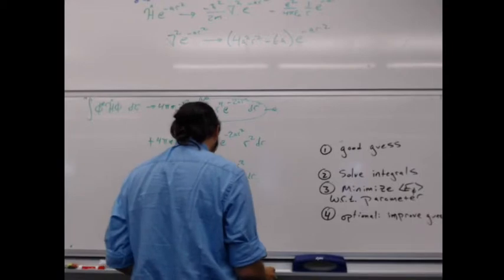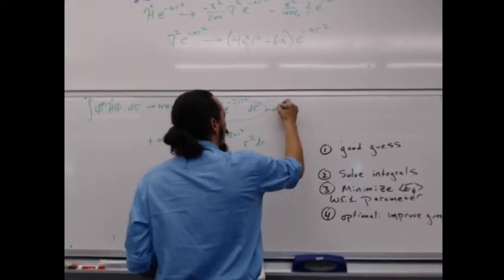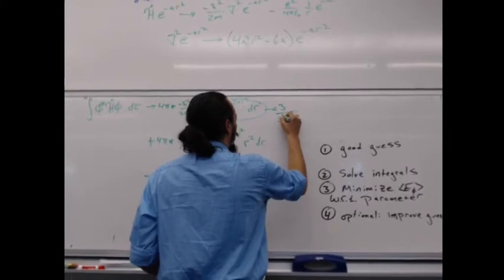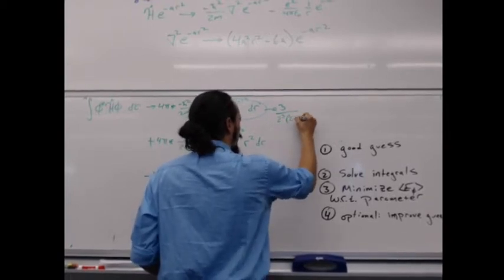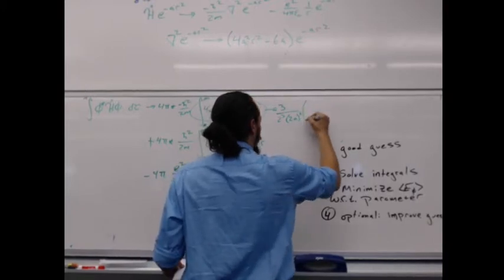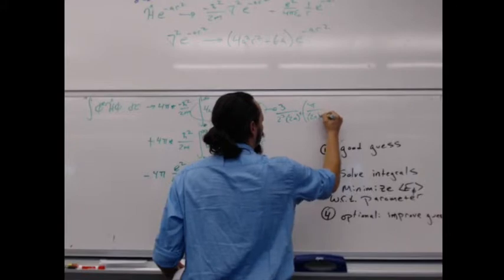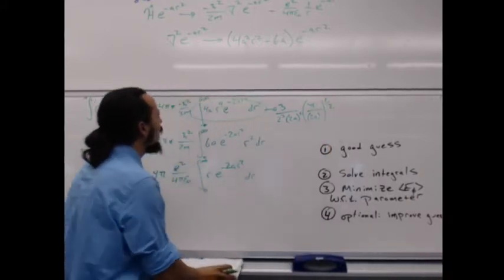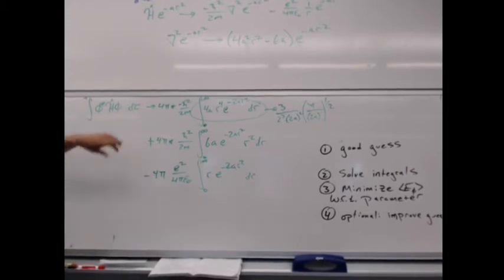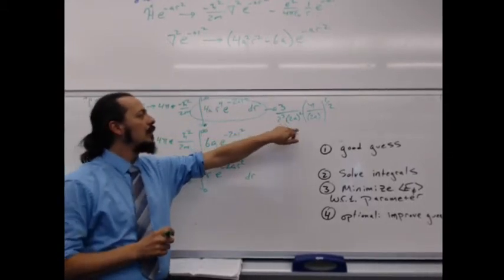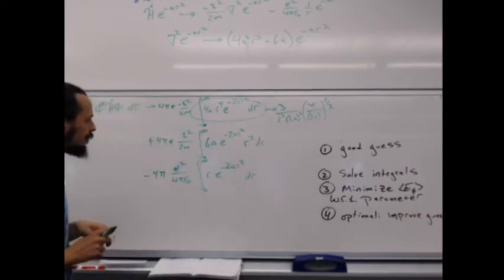This one is going to go to a 3 over 2 cubed, 2a squared times pi divided by 2a to the 1/2. Very similar to the last one we did, the one in blue, except now our n value is 2, so I get 2 cubed, 2a squared on the bottom.